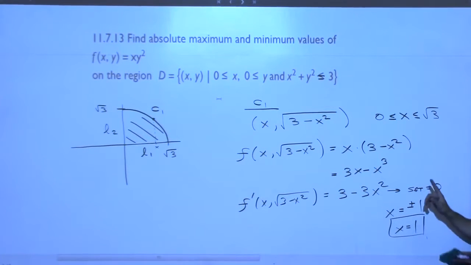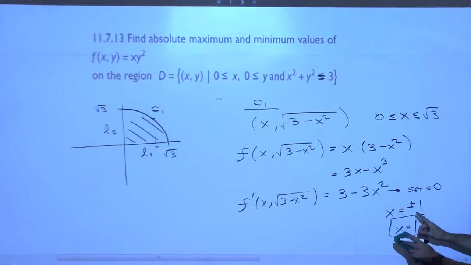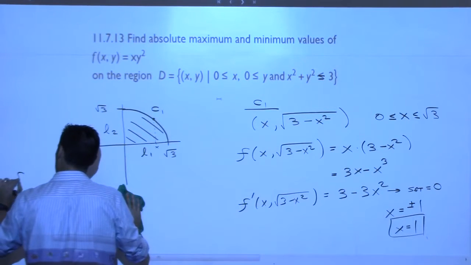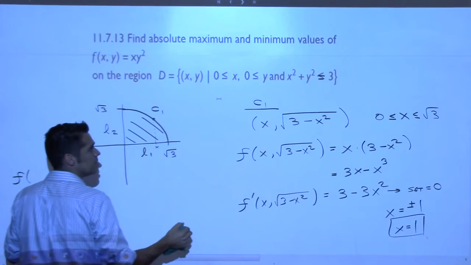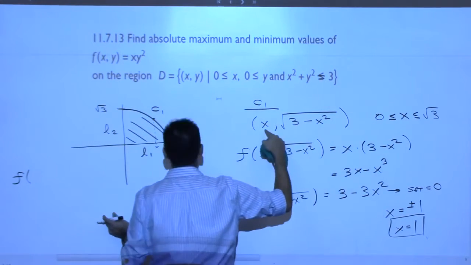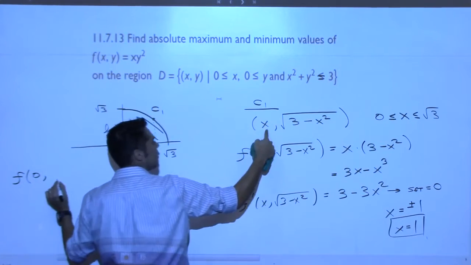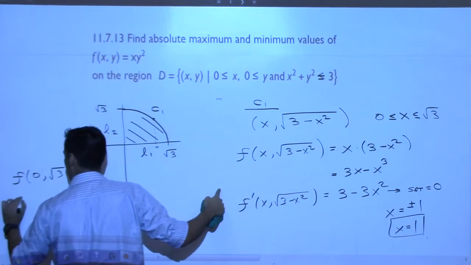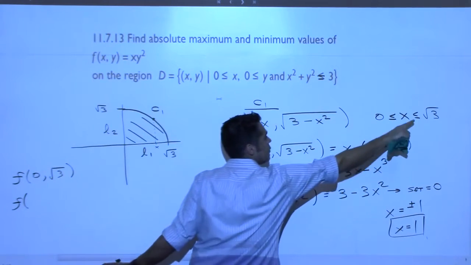So that means I need to look at a couple of things here. I need to look at, from here, f of, let's do the endpoints. I plug in 0, right, for x. I get 0, and then when I plug in 0 here, I get root 3. I need to look at f of, now let's plug in root 3.